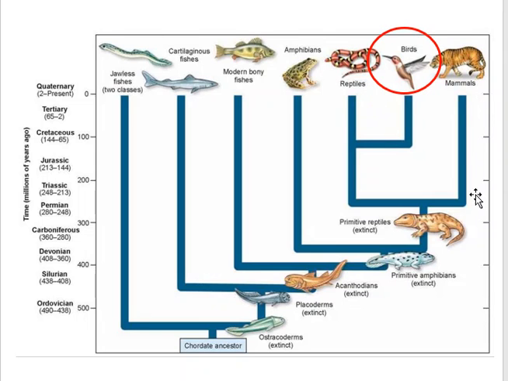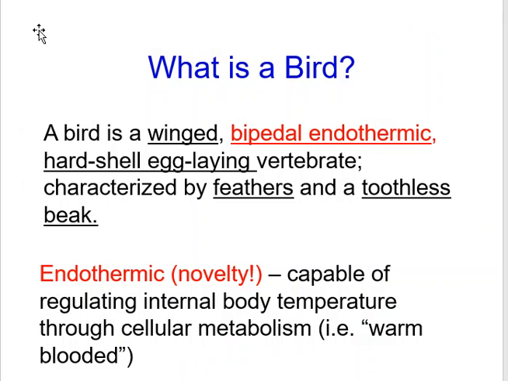Whereas mammals are a different independent lineage that evolves from a primitive reptile that is now extinct, which gave rise to the reptile lineage and the mammal lineage. Okay, so we're going to look briefly at birds as a branch off from reptiles.